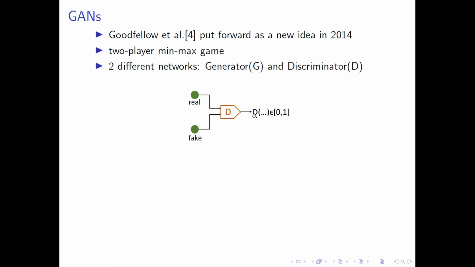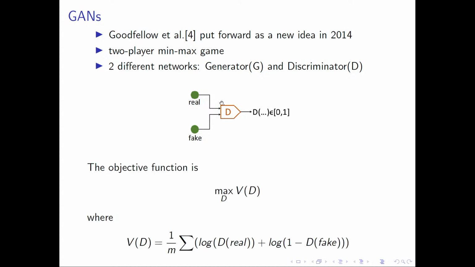If it is given a data x and says D of x is 1, that means it thinks x is real. Or if D of x is 0, that means the discriminator thinks x is fake data. So the discriminator wants to maximize this cost function. What is the cost function?